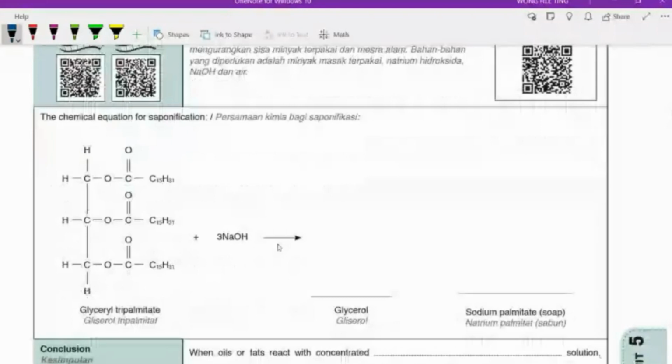Okay, class, finish already? Have you drawn your structural formula for the glycerol? Finish already, class? Yes or no?